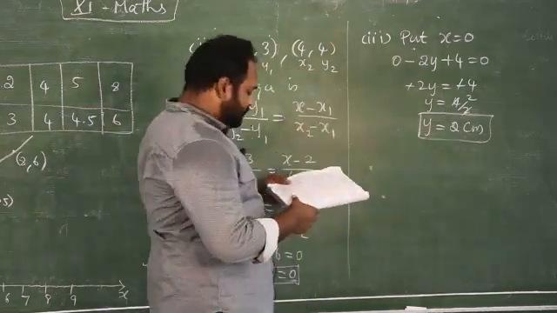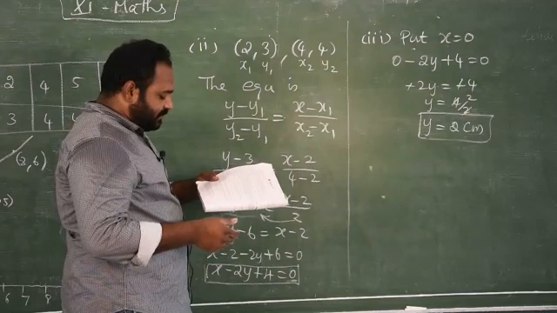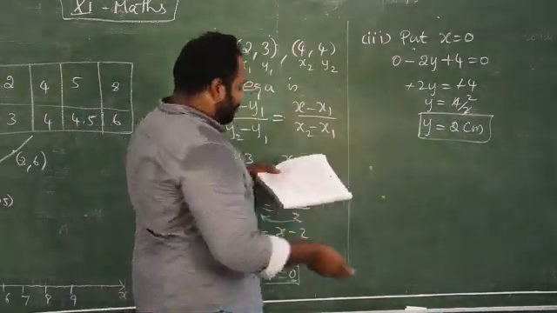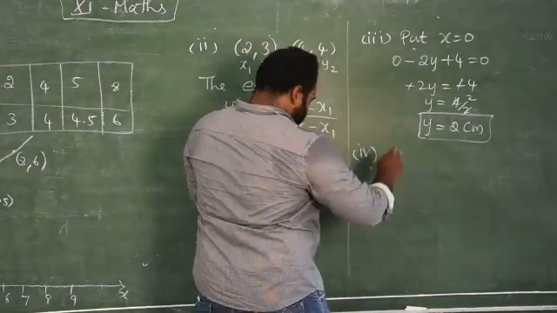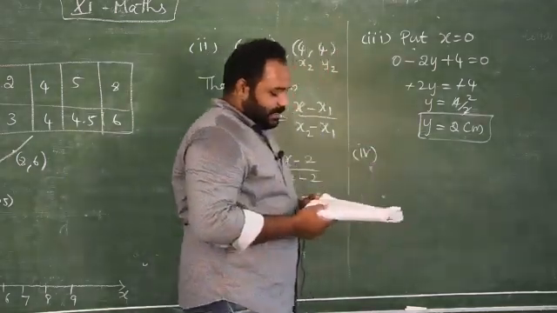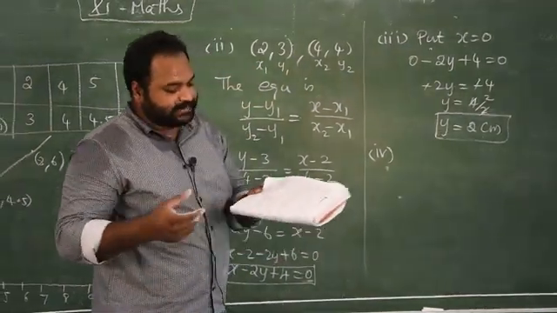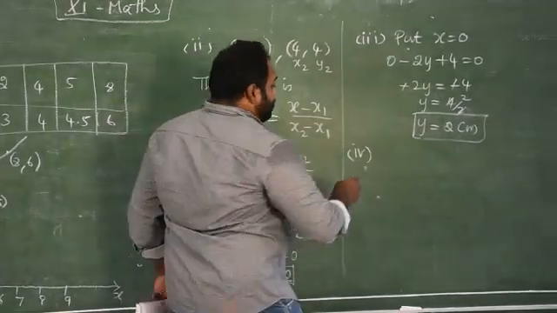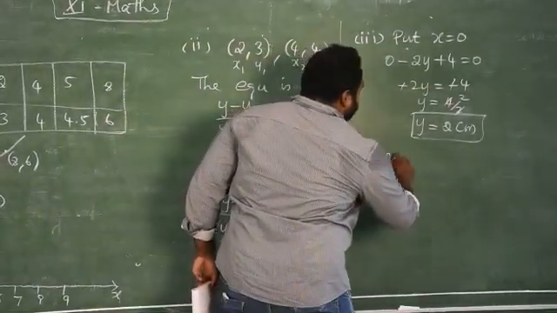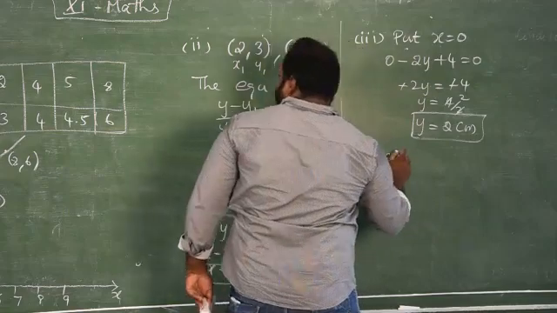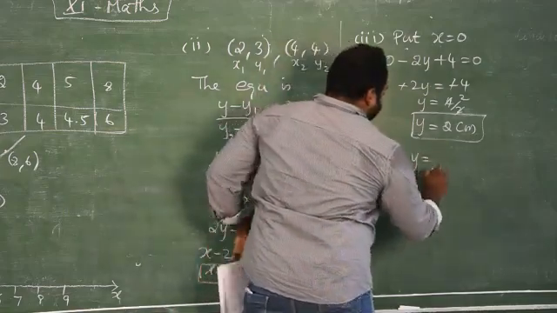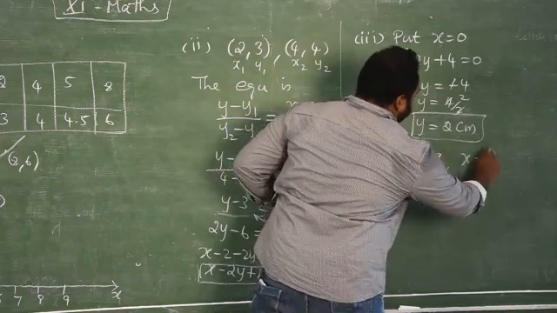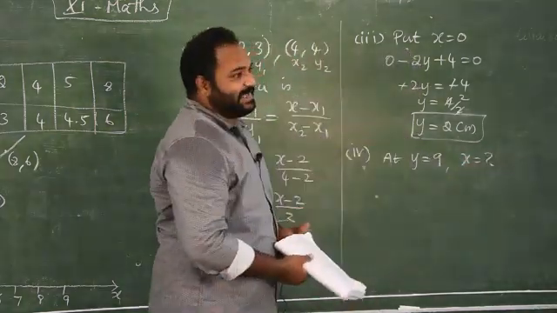The next question is: if the spring has stretched to 9 centimeter long, how much weight should be added? Here in the fourth subdivision, the spring length is given, y equals 9 centimeters, and they are asking us to find the weight x.